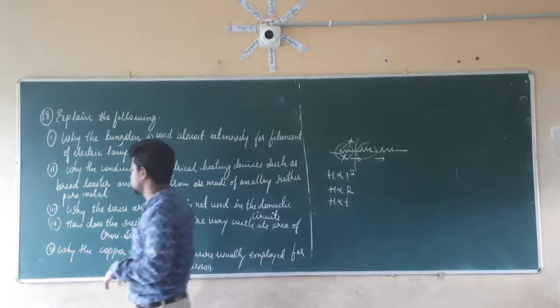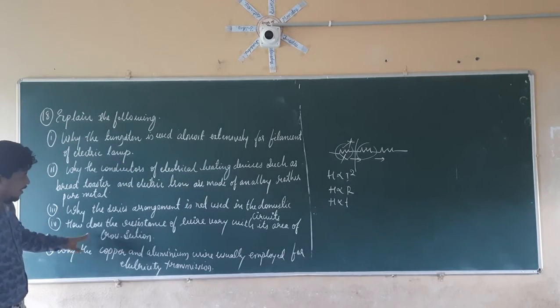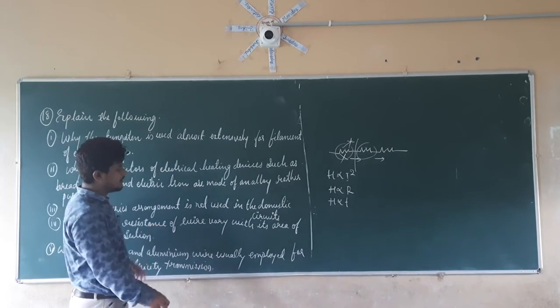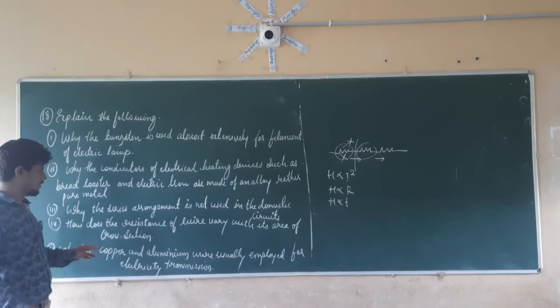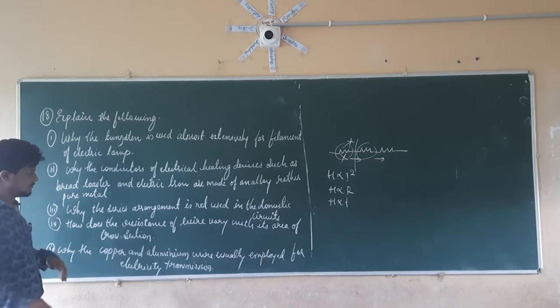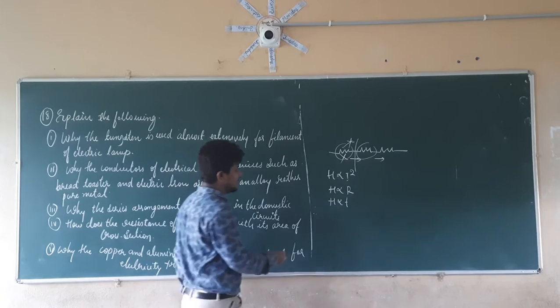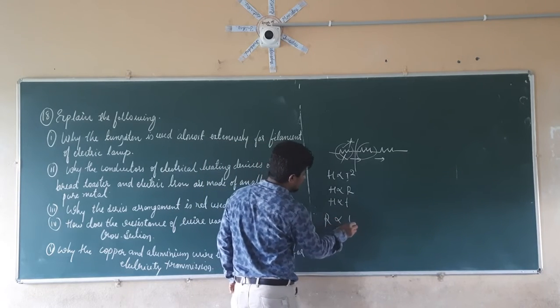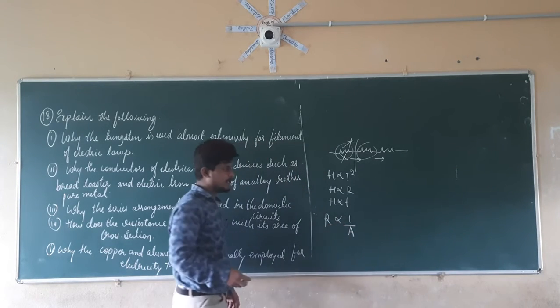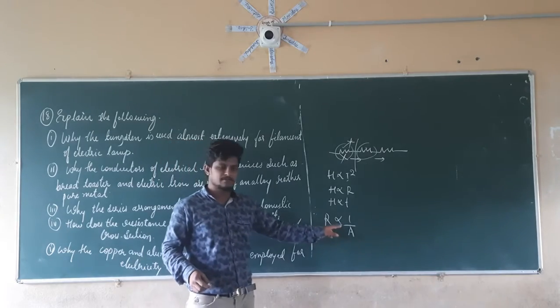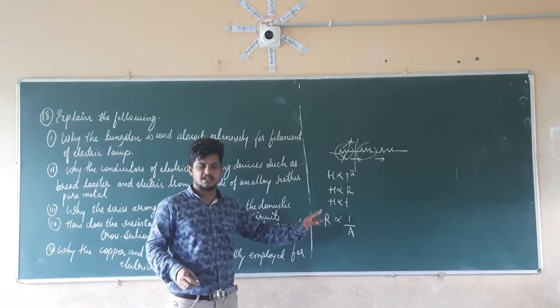Next, consider question number 4. How does the resistance of a wire vary with its area of cross section? We already know that R is proportional to 1 by A, that is, the resistance of a conductor is inversely proportional to the area of cross section.